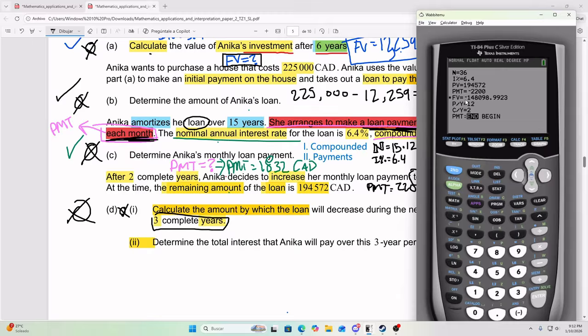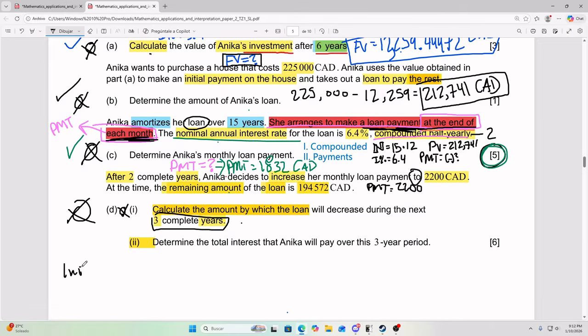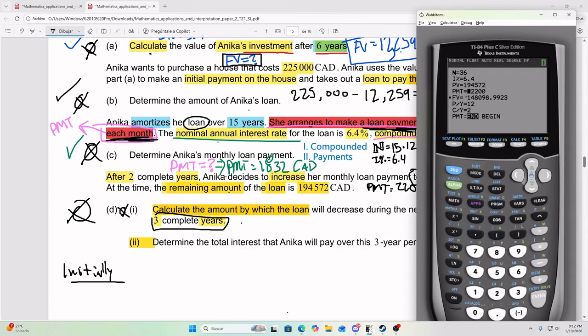Right? I mean, you can sort of think about it from a person's perspective. It's how much the loan still is. I'm just gonna say it right away. Context is important for these symbols, positive or negative. You gotta be consistent with PV and PMT being different because conceptually that's how it is. But from here, understanding the exercise, you can say that initially the loan was at this 194,572.